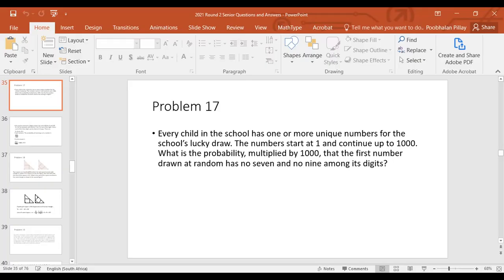All right, so you got 1,000 numbers, but it starts from 1. So it goes up to 1,000. So there are 1,000 numbers altogether. What is the probability that the first number drawn at random has no 7s and no 9s amongst its digits?